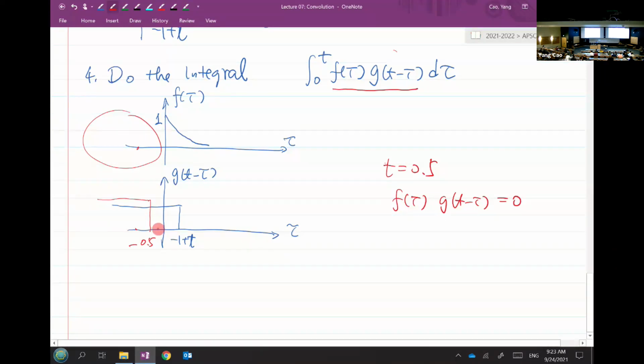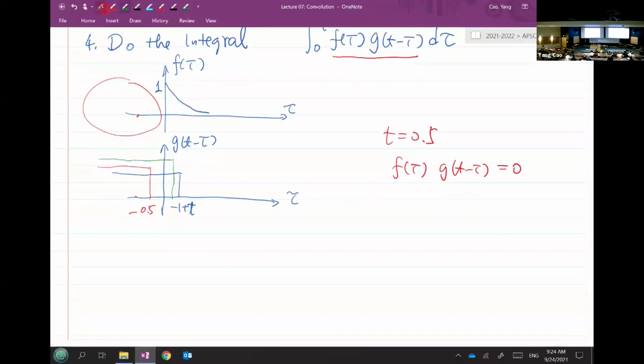So the non-zero only happens when this edge is on which side of the vertical axis? On the right side of the vertical axis. Sorry, my drawing is not very accurate, but it only happens when the edge here is beyond the vertical axis on the right side.